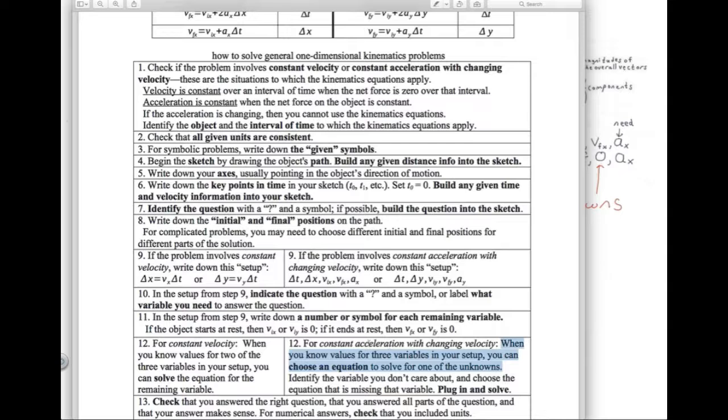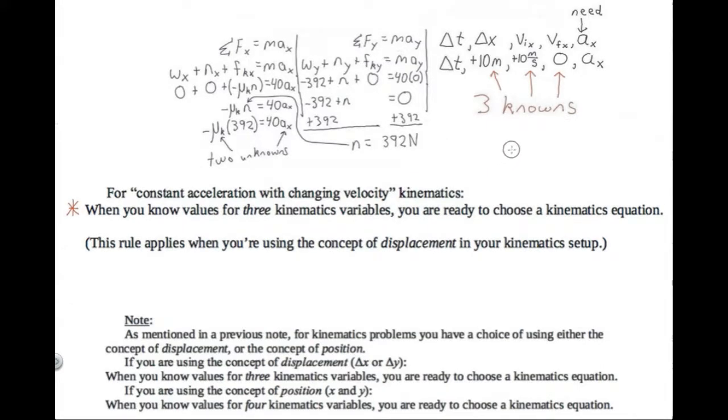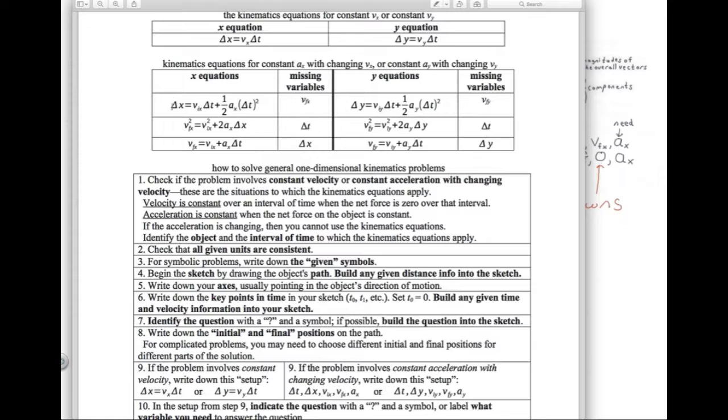When you're working with constant acceleration with changing velocity, when you know values for 3 of the kinematics variables in your setup, that's when you're ready to choose a kinematics equation to solve for one of the unknowns. Well, yes, we do know values for 3 of the kinematics variables. So, yes, we are ready to choose a kinematics equation. Which of these 3 kinematics equations should we choose to work with?